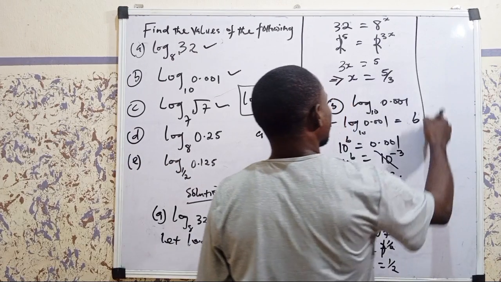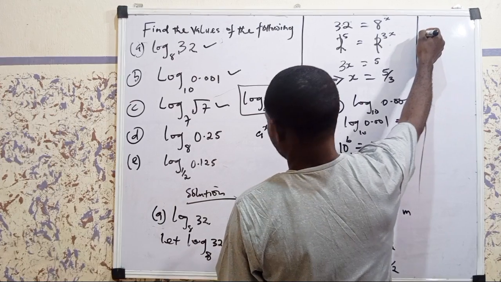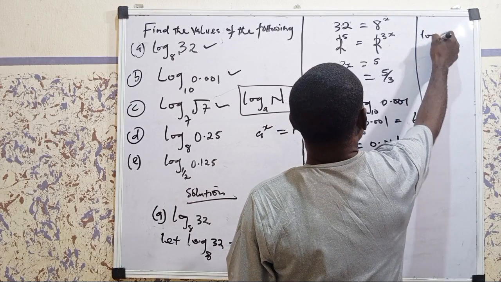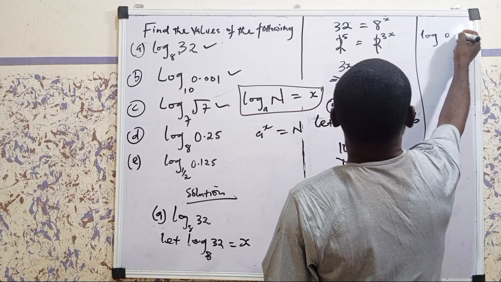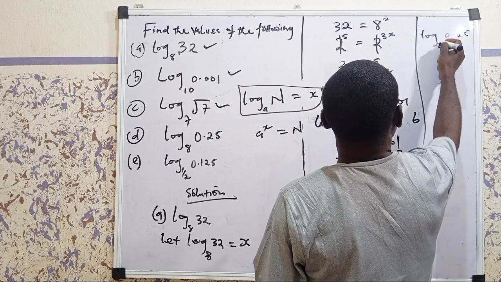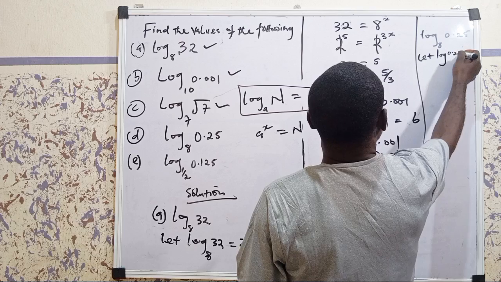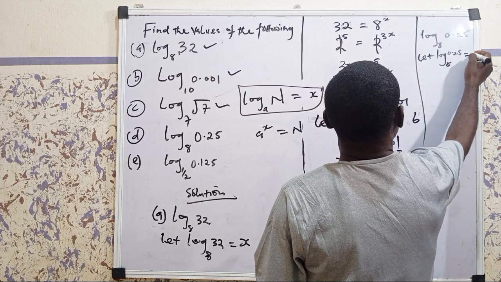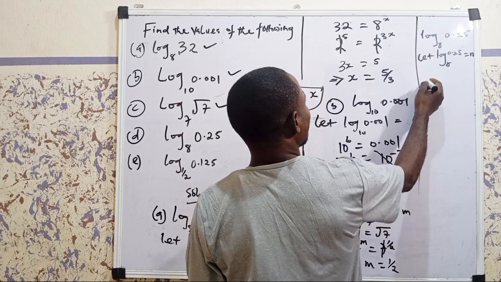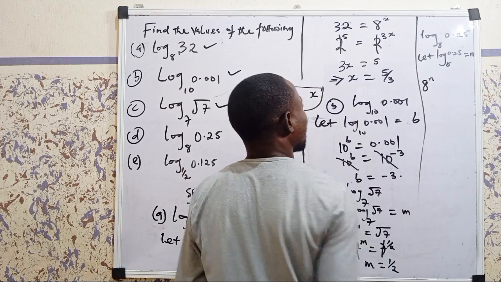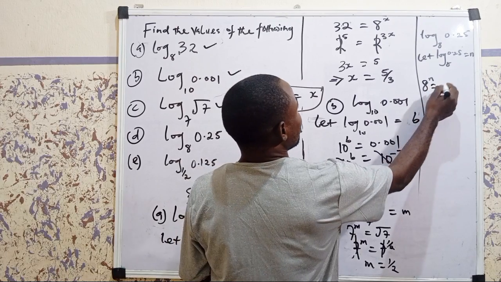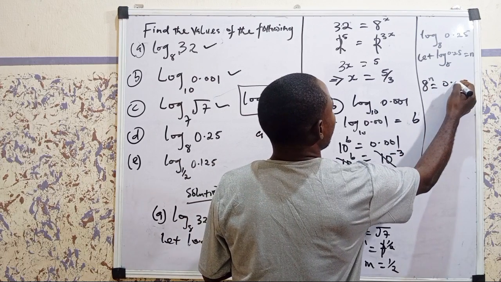For d, what we have there is log 0.25 base 8. We say let log 0.25 base 8 be equal to n. We want to find the value of n such that 8 power n is equal to 0.25.